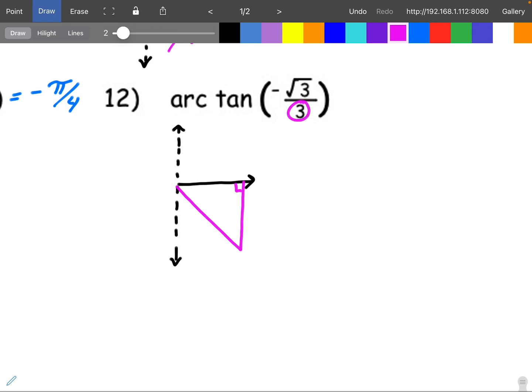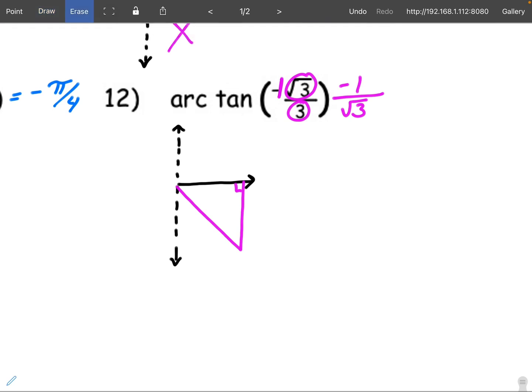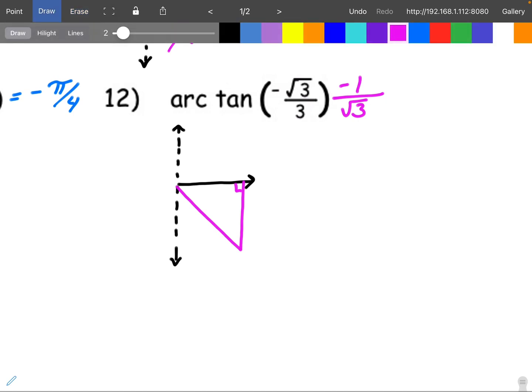If this came out to be 3 on the bottom, then it had to have originally been the square root of 3. Then on top, if this is square root of 3, originally it would have had that 1. So this would be -1 over square root of 3. That's the unrationalized version of this.